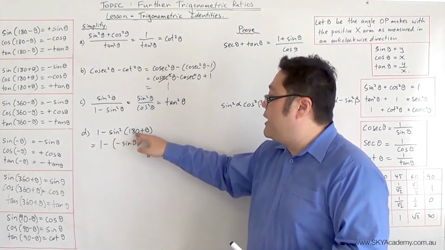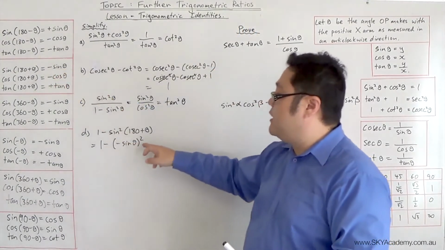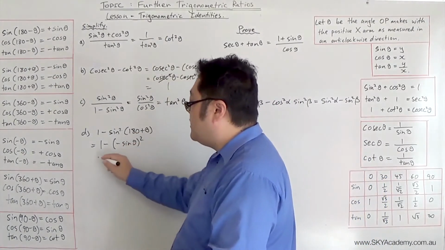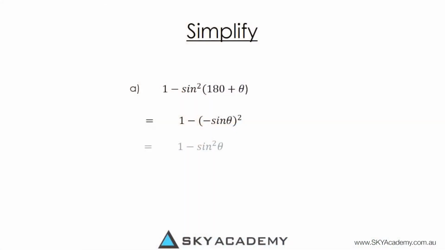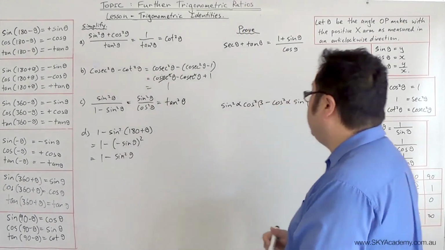Because 180 plus theta will give you minus sine theta, and we're squaring that. You square a minus sine theta, and that gives you sine squared theta, because you square a negative, it becomes positive.